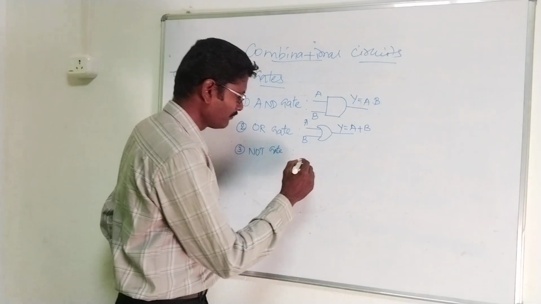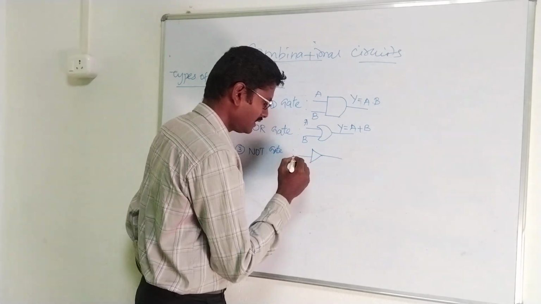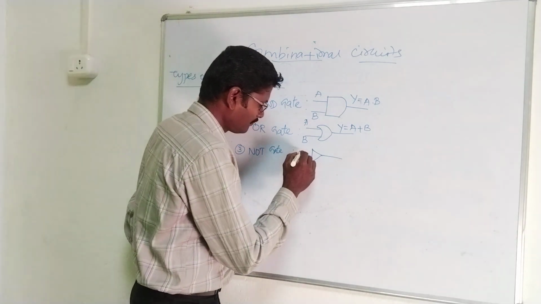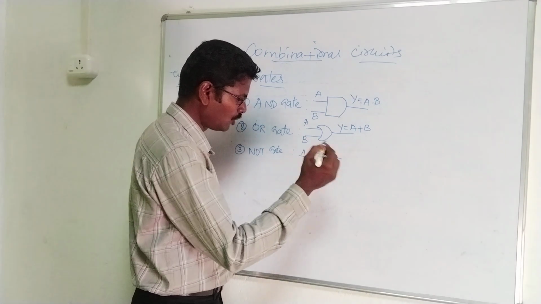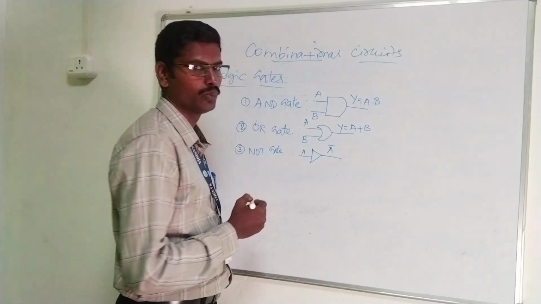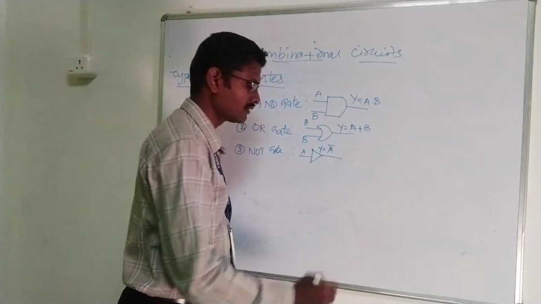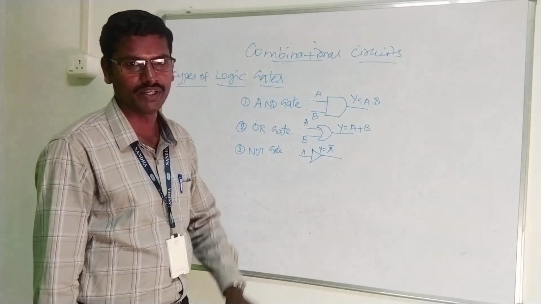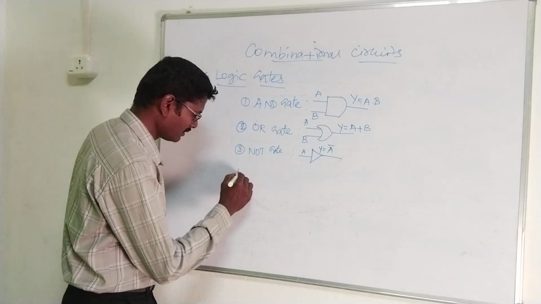The symbol for the NOT gate has a single input and single output. If I give A as input to the NOT gate, the output will be A bar. We can simply write it as Y is equal to A bar. I am denoting Y as the output variable for all the gates, to represent in a common manner.